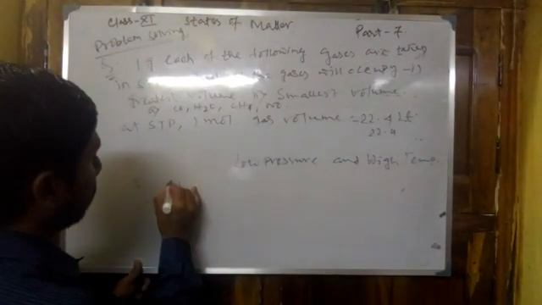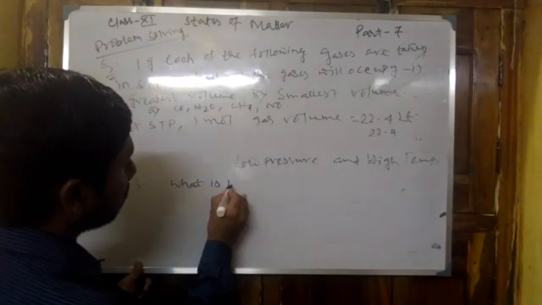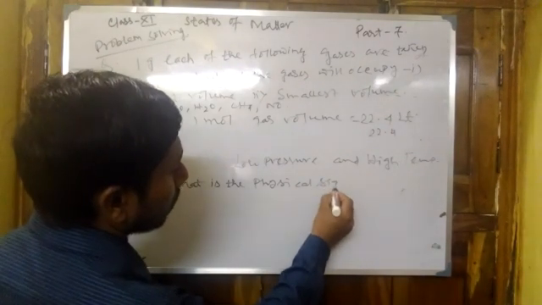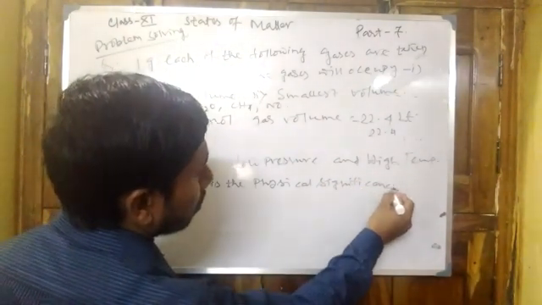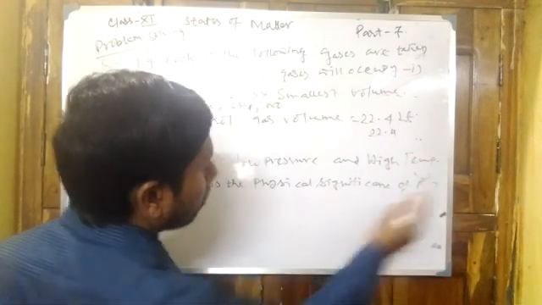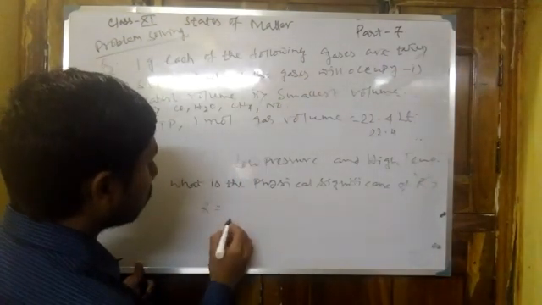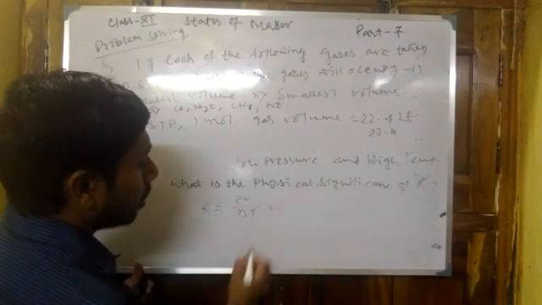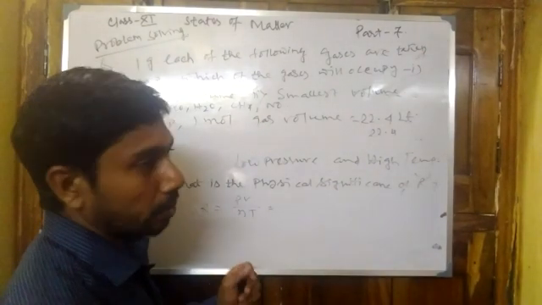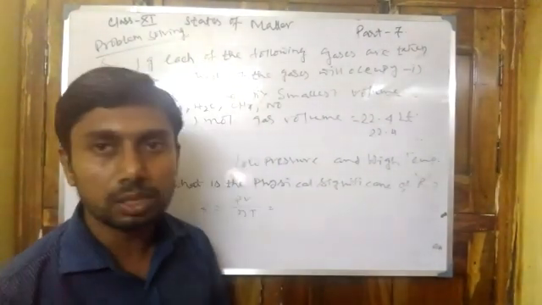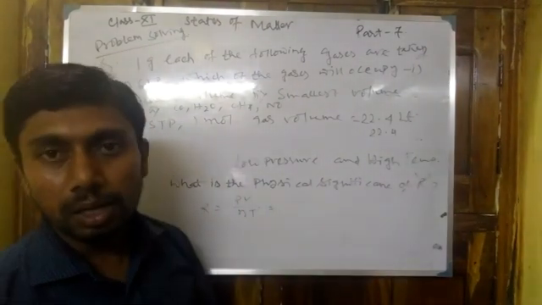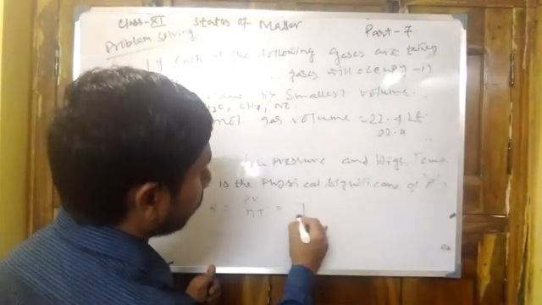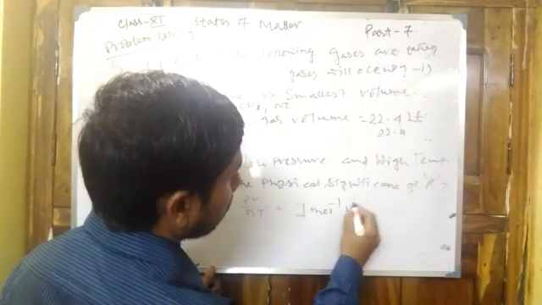If we put the units of the individual terms, then the unit of R is Joule per mole per Kelvin.